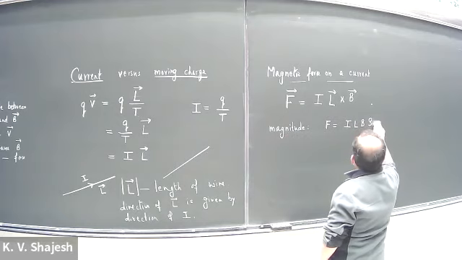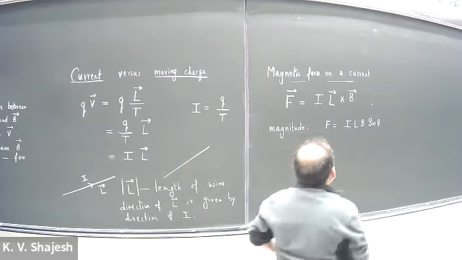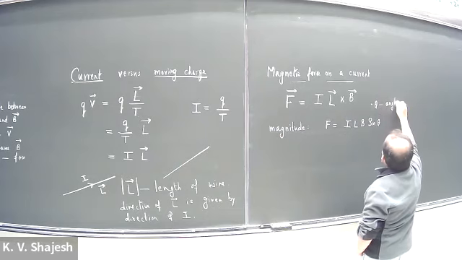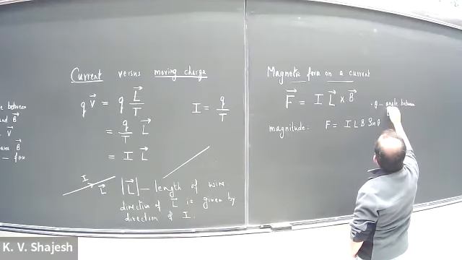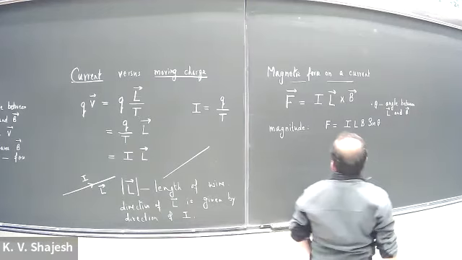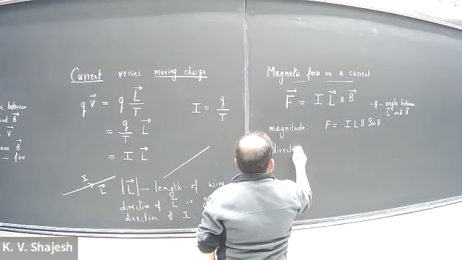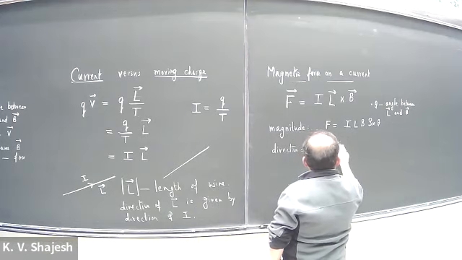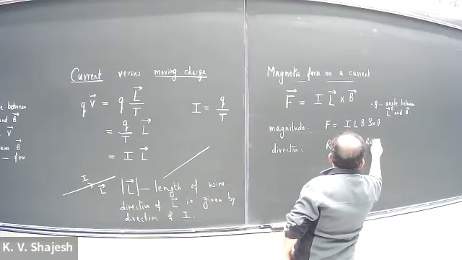So angle theta is the angle between L and B. And the direction is given by the right hand rule, except that this time the right hand rule remains the same.